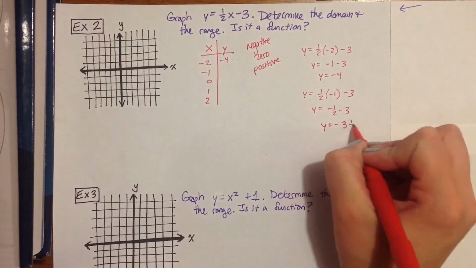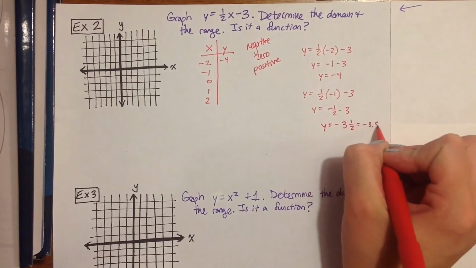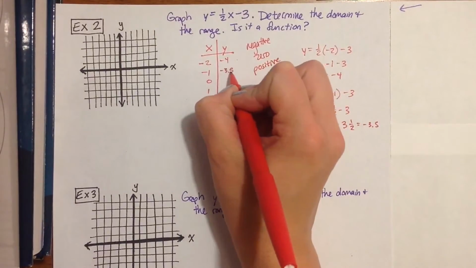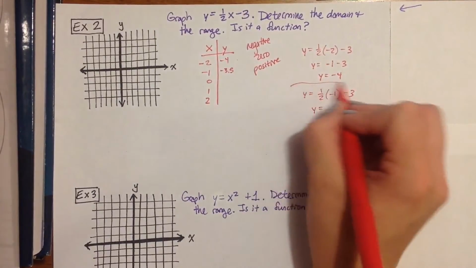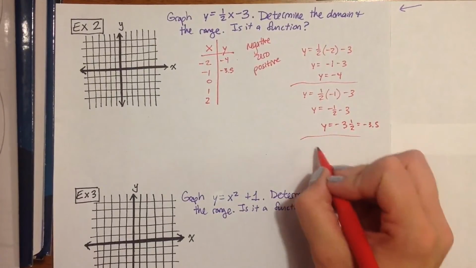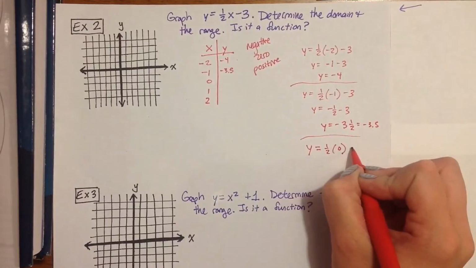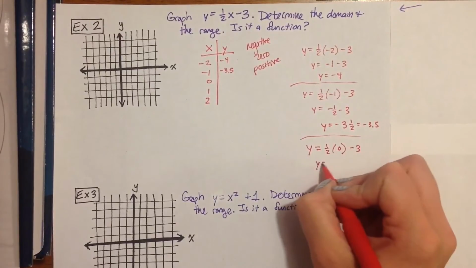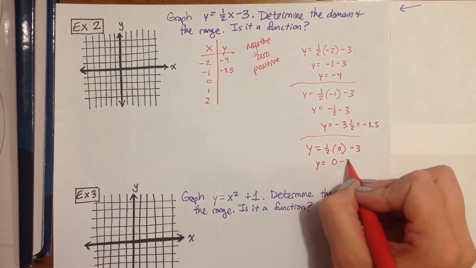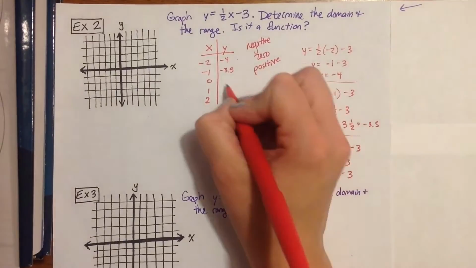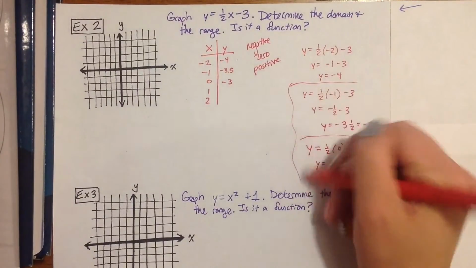So I have -3.5. Plugging in 0, let me just section those off a little bit. I have 1/2 of 0 minus 3. 0 times anything is just 0, so I get -3. Okay.